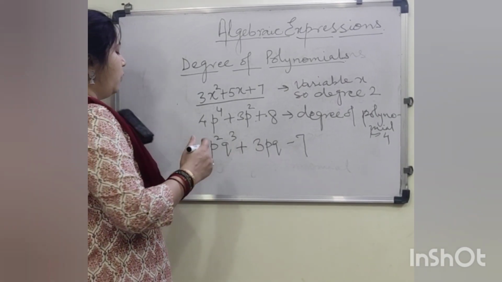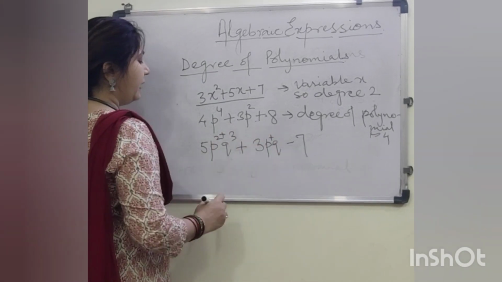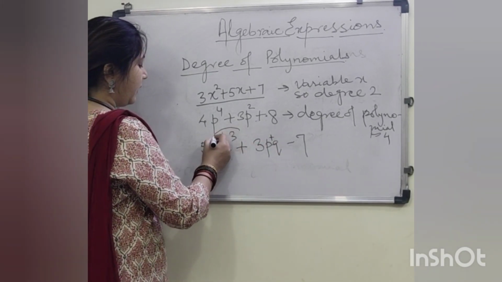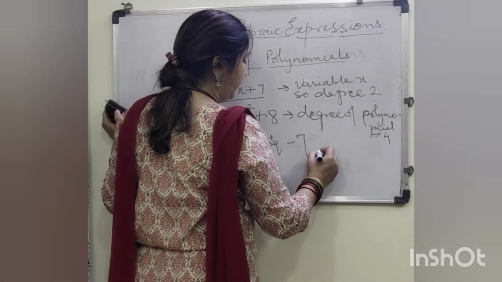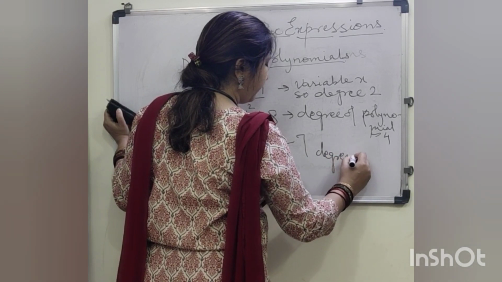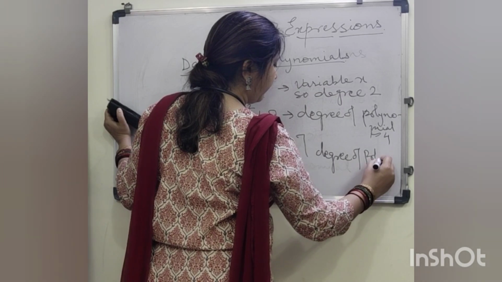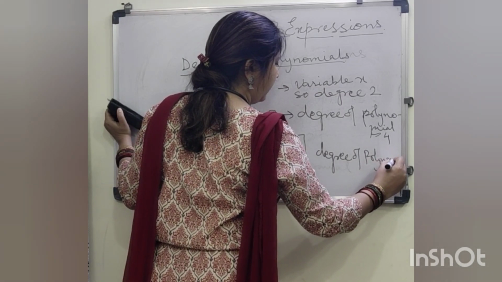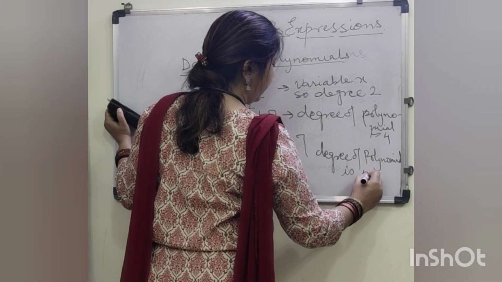So what we do, we add their exponents and then check. So this is highest. So degree of this polynomial is 5.